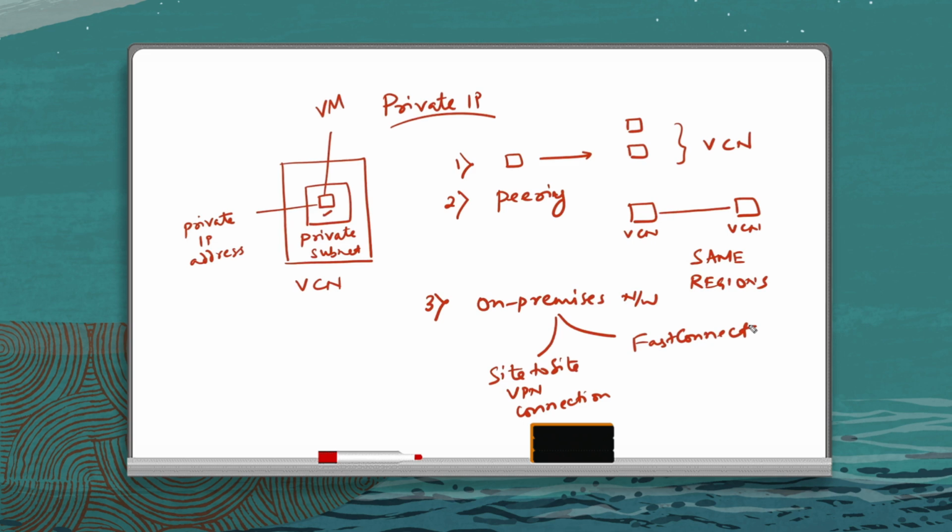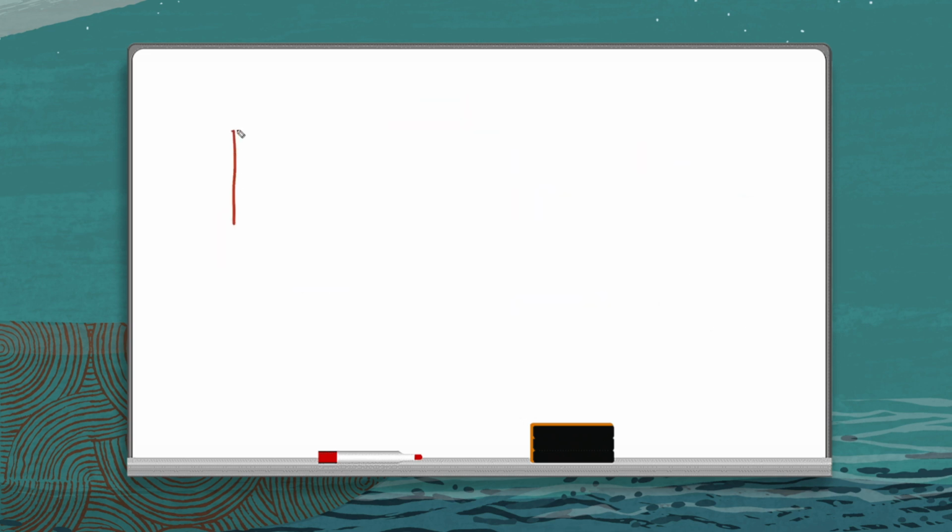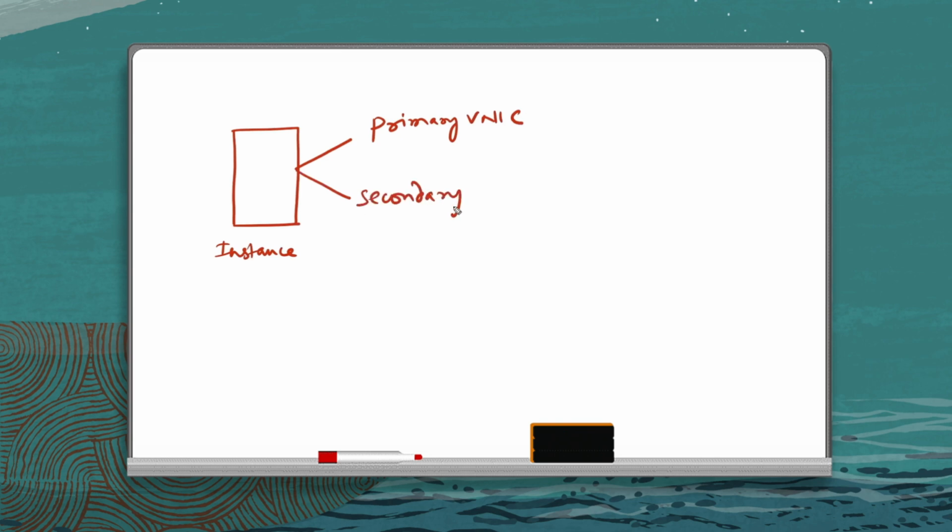Now let's talk about some specifics. Now I am drawing an instance. Now this instance can have a primary VNIC, virtual network interface card. It can also have a secondary VNIC. So instances can have primary NIC and secondary NIC. Now this primary VNIC is going to have a primary private IP address.